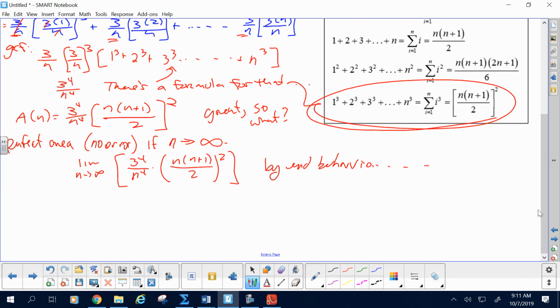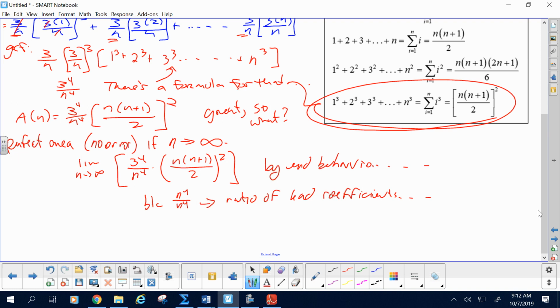What's the greatest n power in the top? N to the 4th, isn't it? N squared squared, so it's n to the 4th, and the greatest n power in the denominator is the 4th. So because it's n to the 4th over n to the 4th, we can look at the ratio of the lead coefficients, yeah? That's our n behavior modus operandi. That's how we do it.